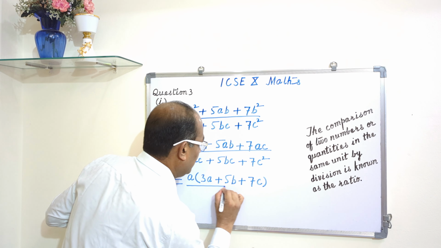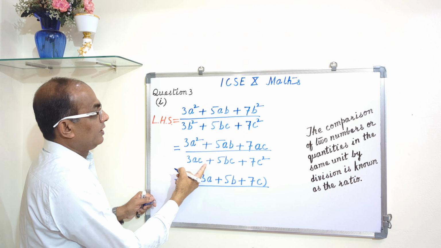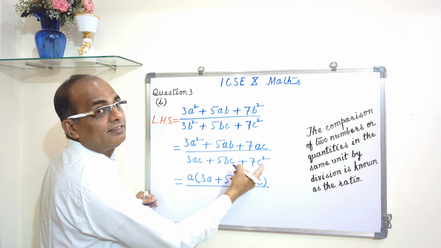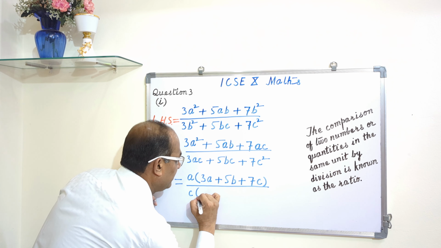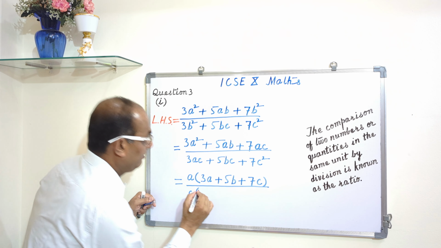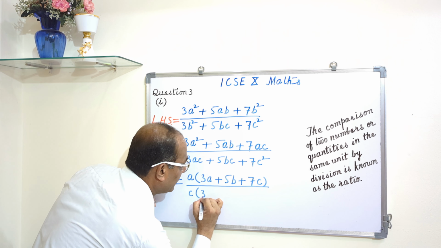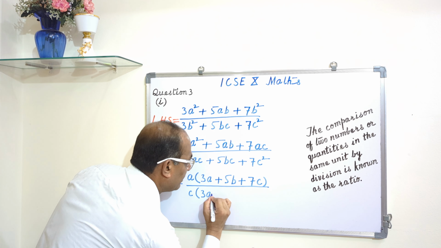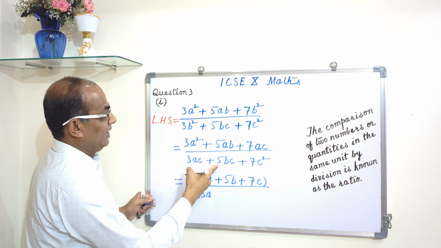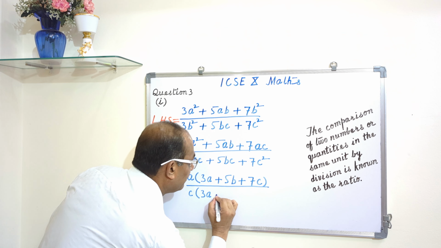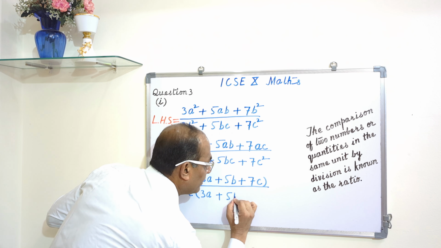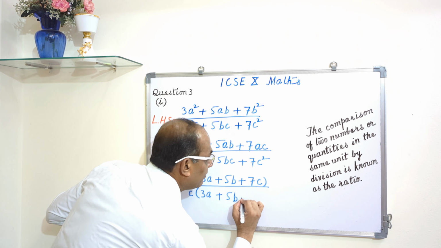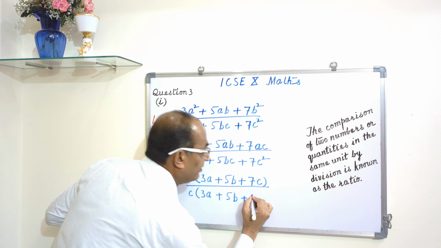And this divided by, C is common. C is here, C is here, and C is here. C is common from the denominator, and we get 3A plus 5B plus 7C.